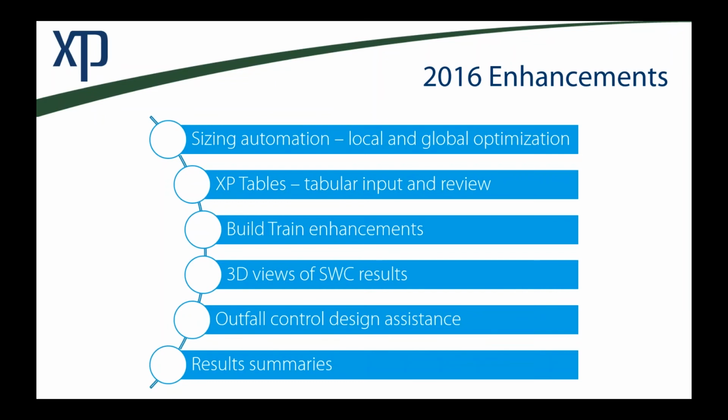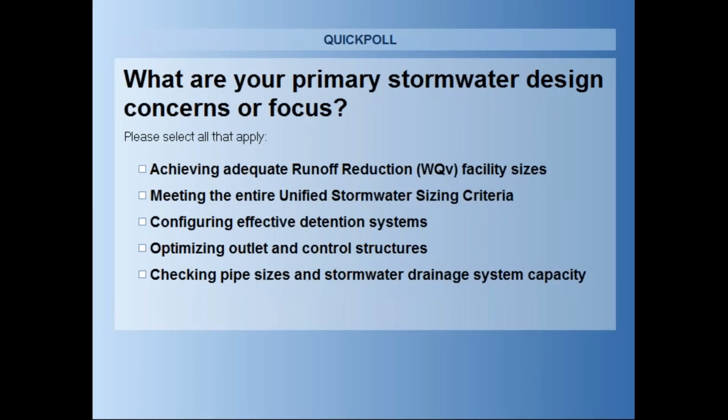So to get everyone on the same page, I have a poll. It's really about what the primary stormwater design concerns or focus you attending right now might have. I'd like to see people's thoughts on that.